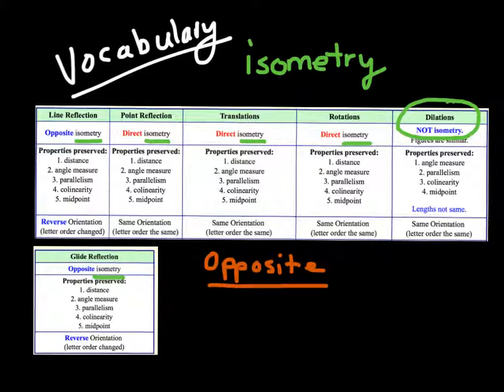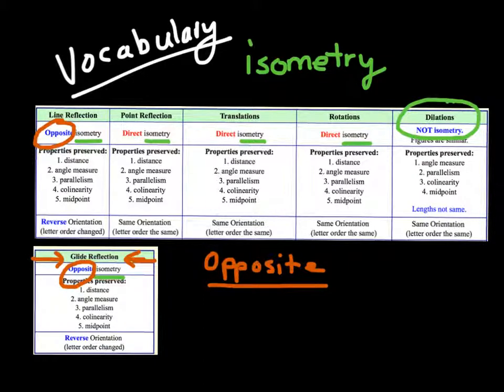And if you take a look at the choices here, a reflection has the ability of changing the direction of a particular shape, and also a glide reflection, which includes a translation and a reflection together.